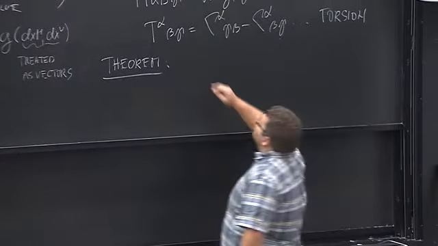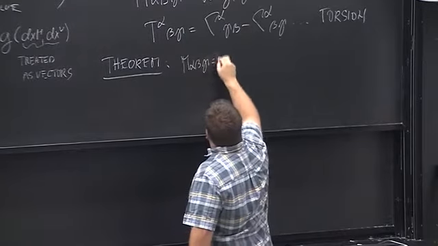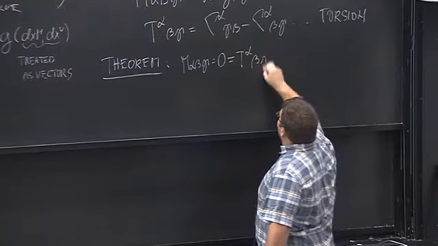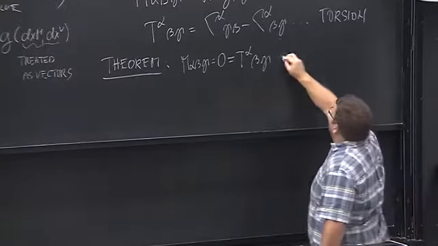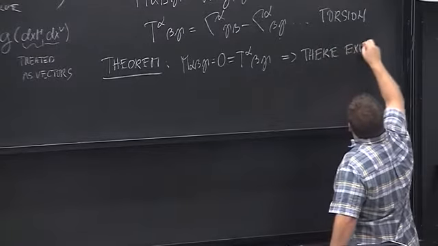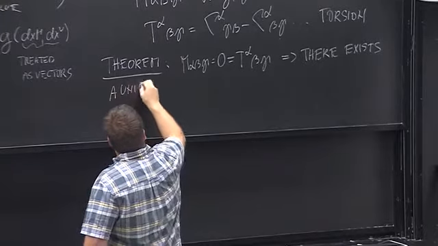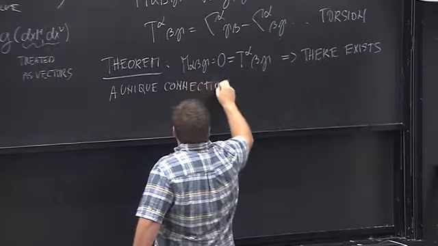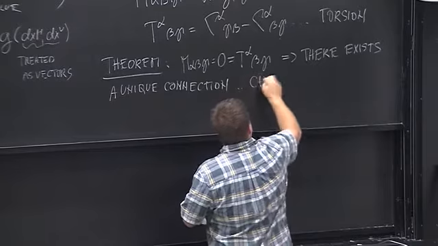So the theorem is: provided that the metricity is 0, so m_alpha beta gamma equals 0, and the torsion is 0, T^alpha_beta gamma is 0, then there exists a unique connection given by Christoffel symbols.